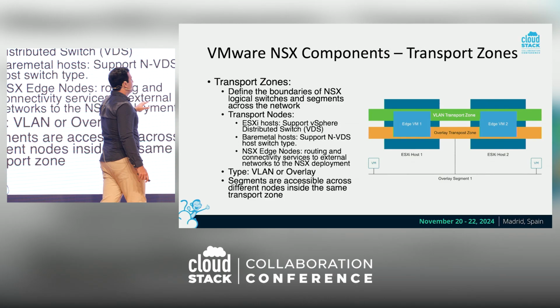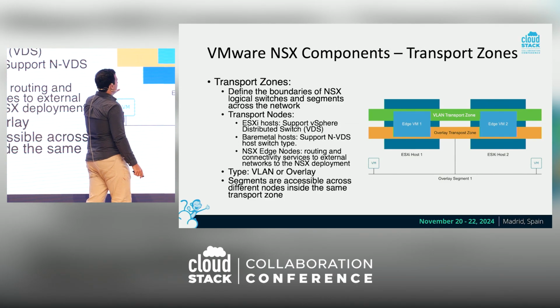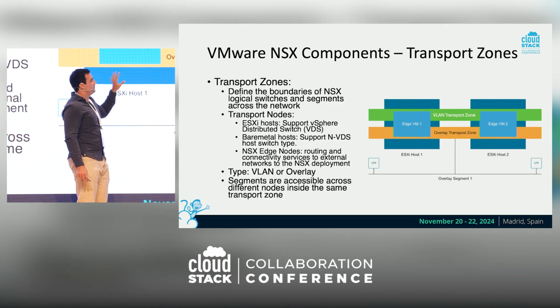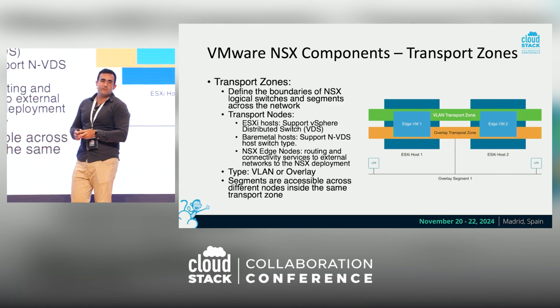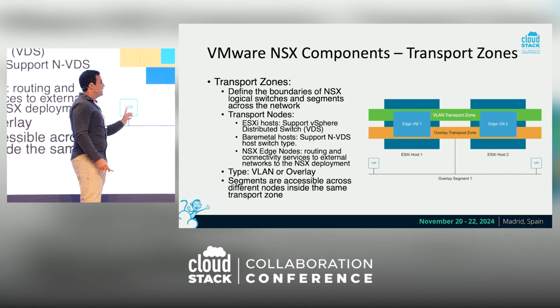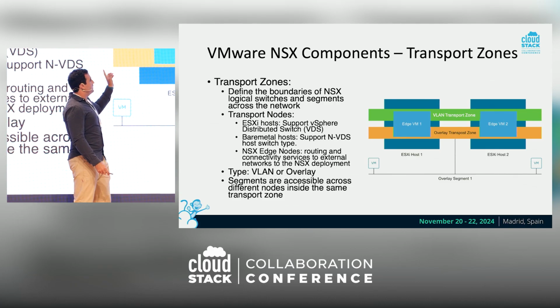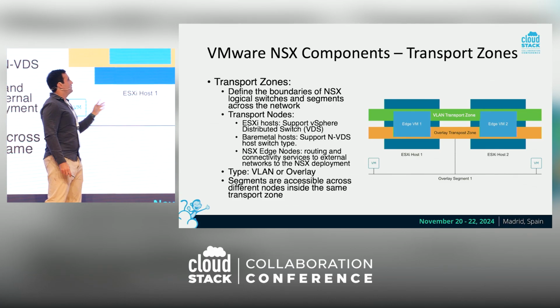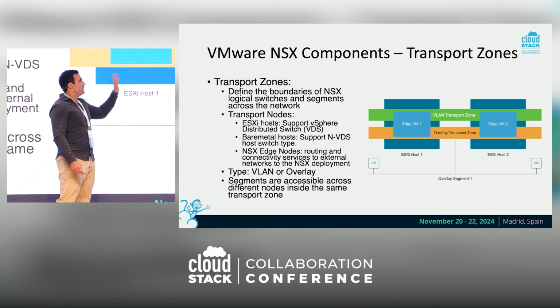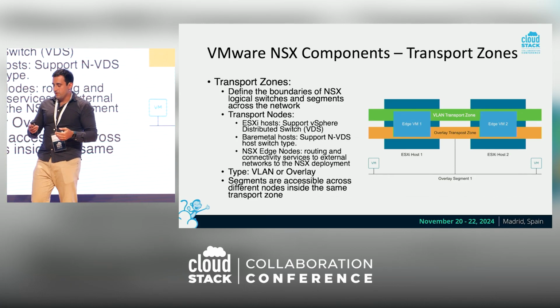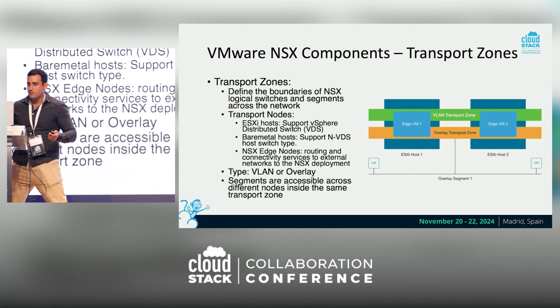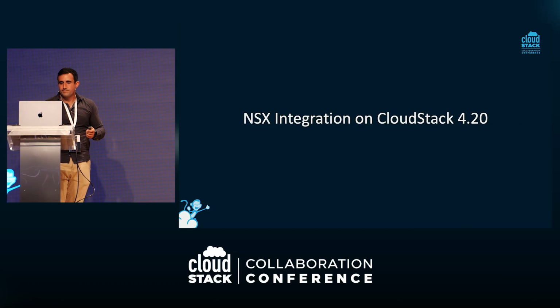And each transport node would be like either a VLAN on each host, which allows you to connect VMs on different hosts to the same overlay or VLAN. So basically, they can be on different hosts and still communicate. And that's also something to be pre-created by the administrator on the NSX side.